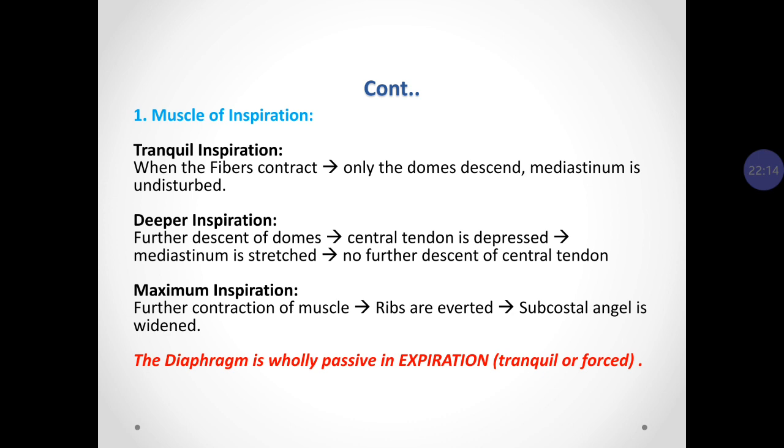When we do maximum inspiration, further contraction of the diaphragmatic muscle occurs, which causes eversion of the ribs, and the subcostal angle is widened. One thing you should be very clear about is that the diaphragm is a muscle of inspiration. When the diaphragm muscle contracts, it helps in inspiration. But the diaphragm is completely passive in expiration, either tranquil or forced expiration. It has no role in it.